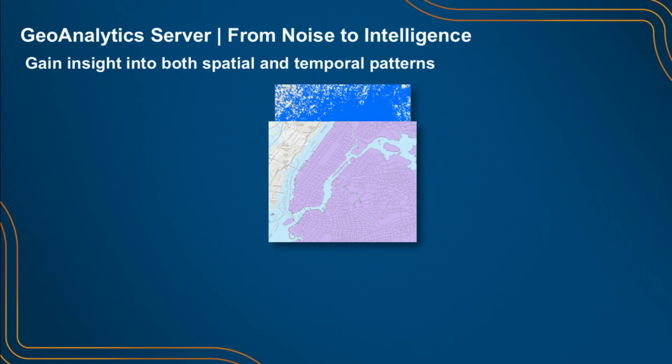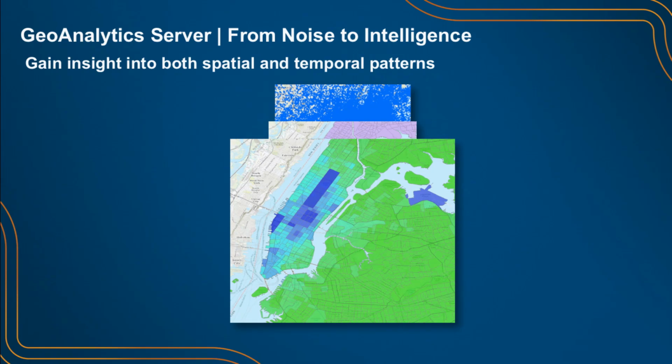This layer represents the city block groups. With the aggregation tool available in GeoAnalytics Server, you can aggregate these points into these block groups, and you can gain insight into both spatial and temporal patterns for taxi pickups and drop-offs.